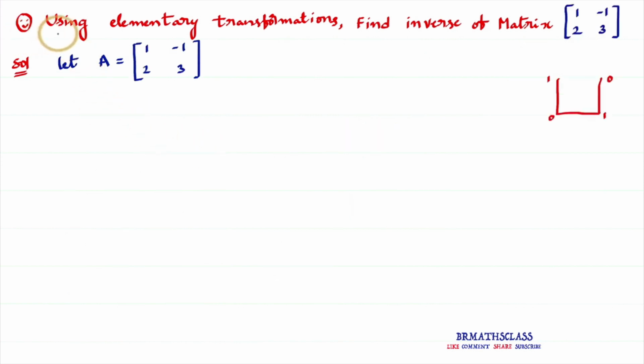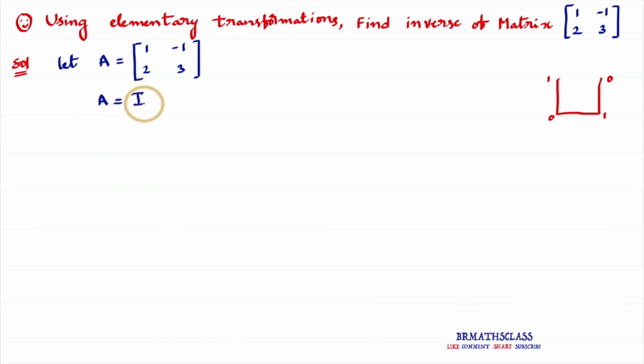You observe the second question. Using elementary transformations, find the inverse of this matrix. First, I considered the given matrix as A. That means I need to calculate A inverse. What is the first step? In all these problems, the first step is A equal to IA.